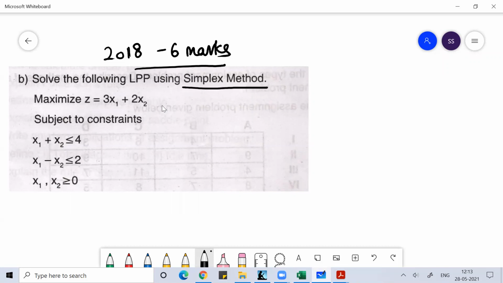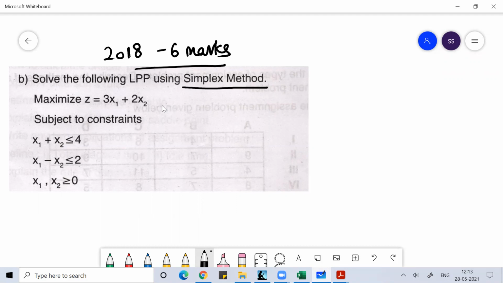Simplex method will always give you the solution for all kinds of problems. Whenever you are working on simplex method, there are a few points you should keep in mind.